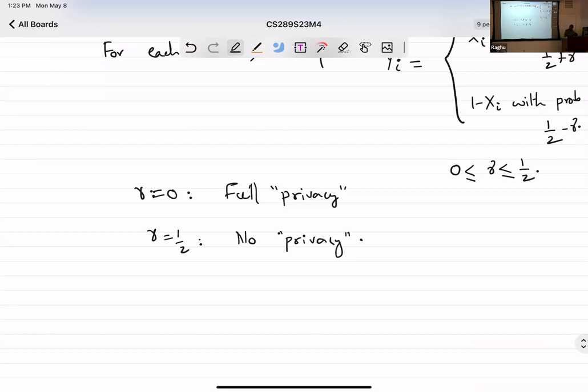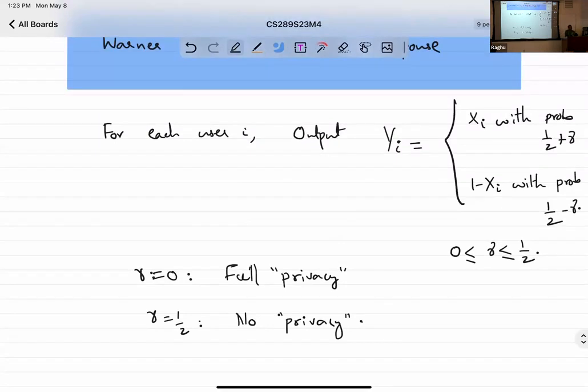All right. I'm not convinced that the gamma equals 0 case. Okay, why? I mean, suppose you had gamma equals 0, you're outputting xi between 0 and 1. If you know that it's either like 0.9 or 0.1, how extreme.